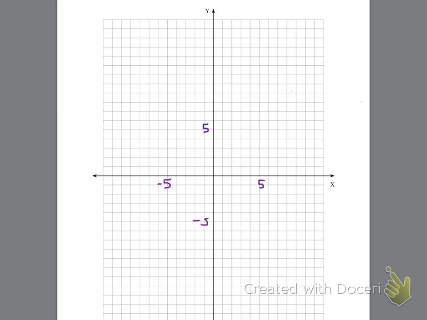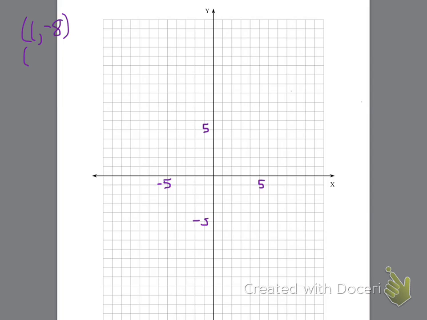Okay, so here's the same coordinate plane. I'm going to use the same scale of 1 for each grid line on this scale as well. So we had these data points. We had 1, negative 8.